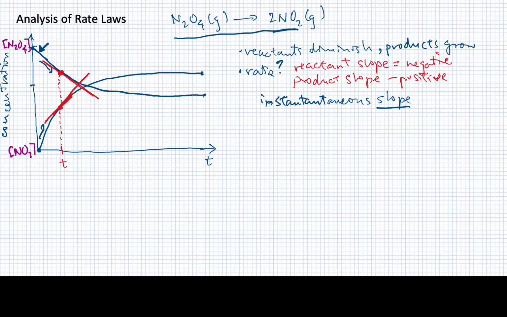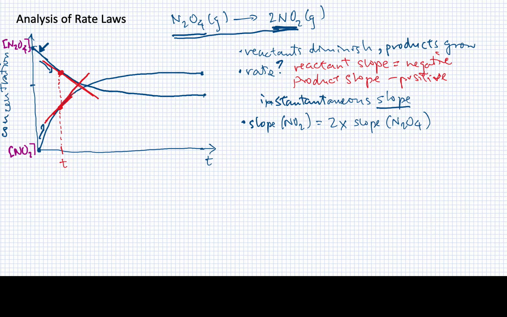Now, another thing that I could tell about these slopes, and it's not easy to see the way I've drawn it here because I'm not a very good artist, but the rate or the slope of NO2, which is our product, is actually twice the slope of the N2O4. Okay, and that happens because every time one of these molecules falls apart, it produces two of these.